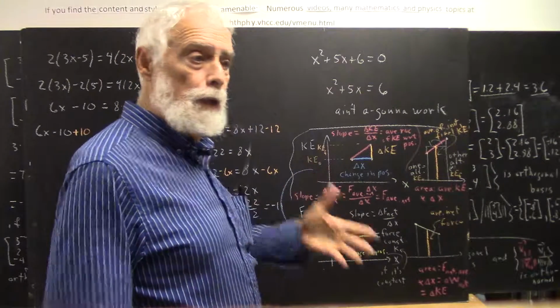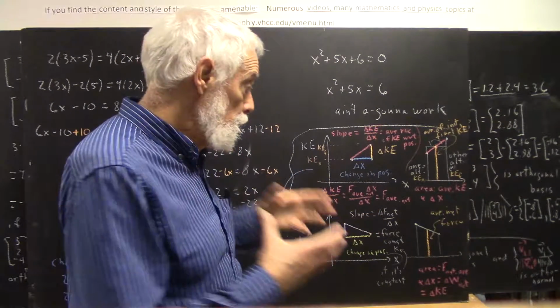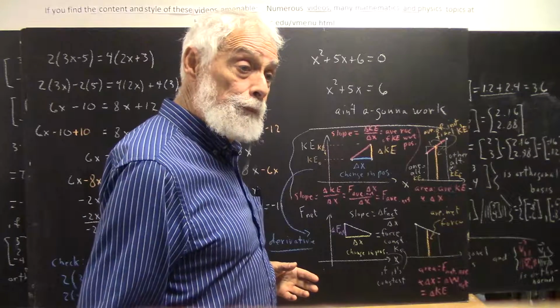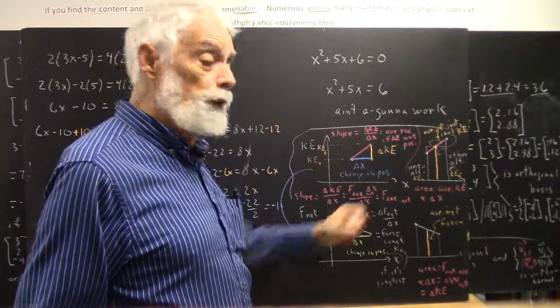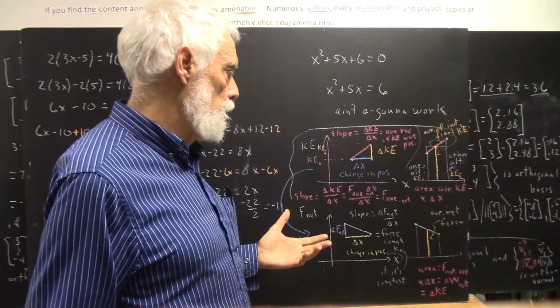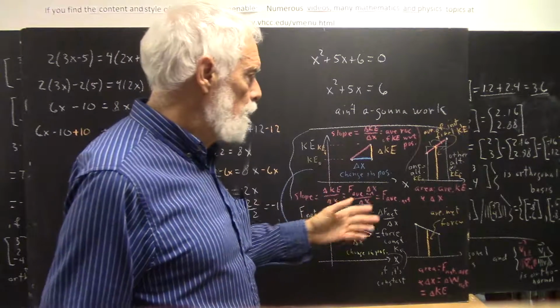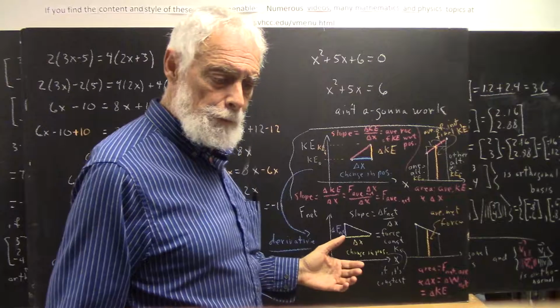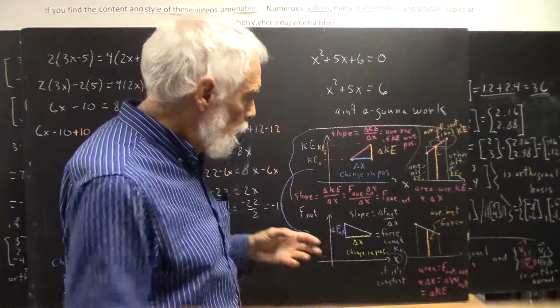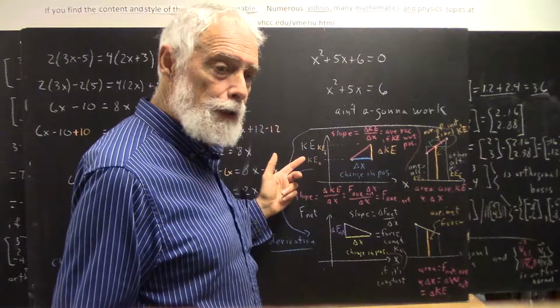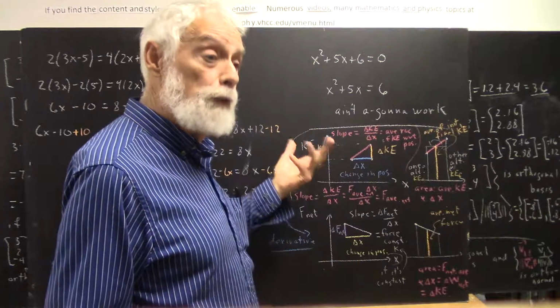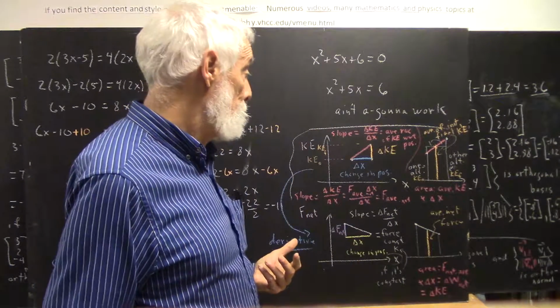We can talk about how that can be applied in terms of what you've observed in lab. Where have you observed a kinetic energy versus position? Well, you really haven't, but you've observed velocity versus position. If you observe velocity versus position, you can translate that into a kinetic energy graph by doing squared velocity versus position.